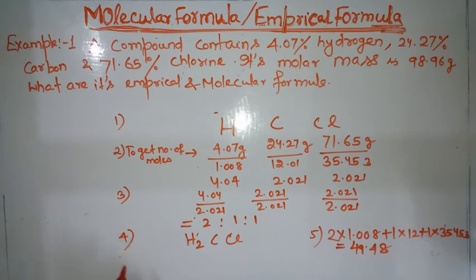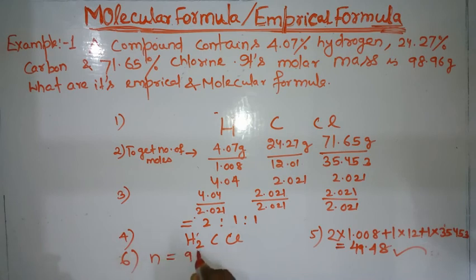Your molecular mass or molar mass is given in step number 6. What you will do? Divide the molecular mass by the empirical formula mass. That is, we get n equal to 98.96 upon 49.48, that will be 2.